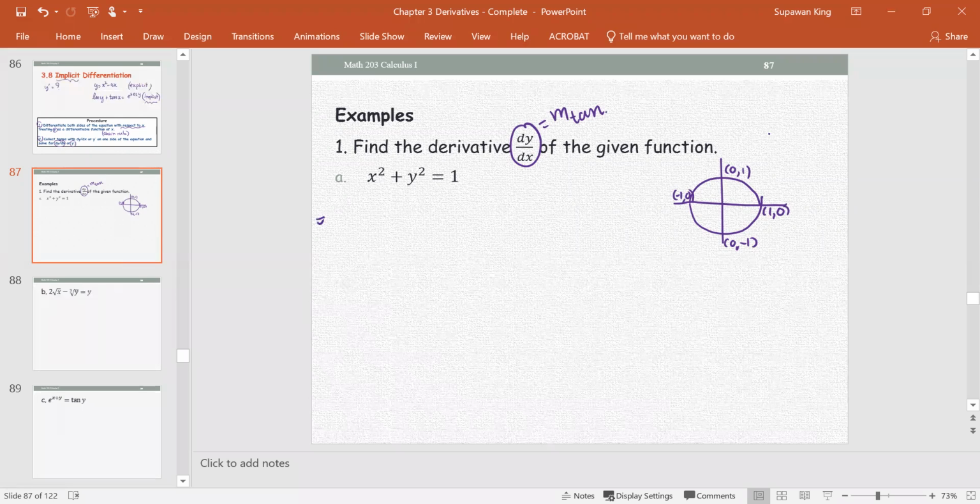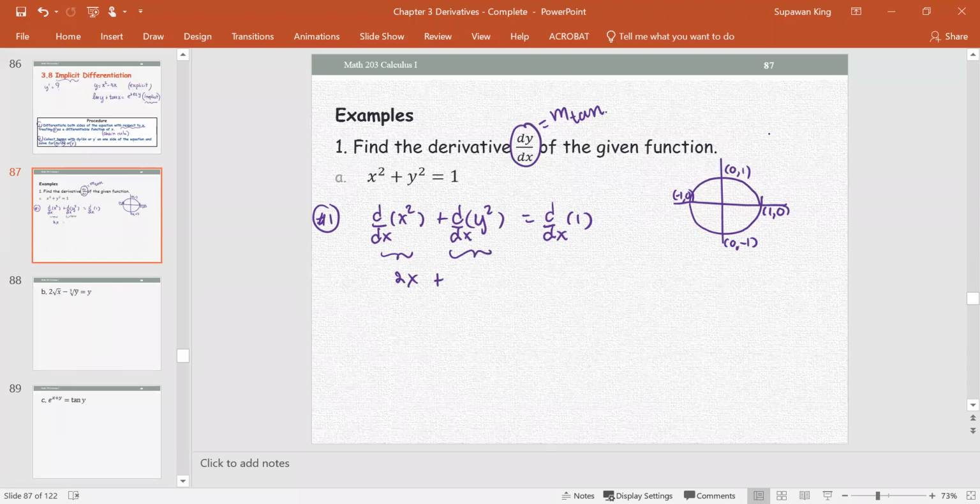Step 1. We are going to find the derivative with respect to x on both sides. So d by dx of each term: d by dx of x squared, d by dx of y squared equals d by dx of 1. The derivative of x squared with respect to x is 2x.